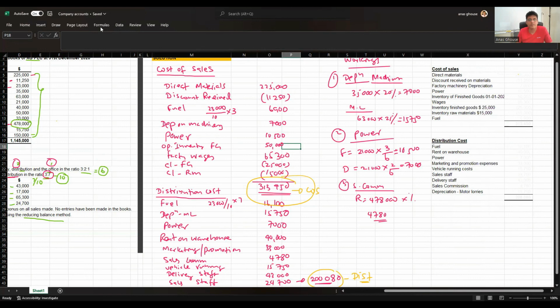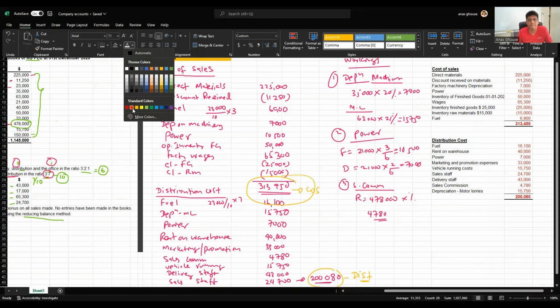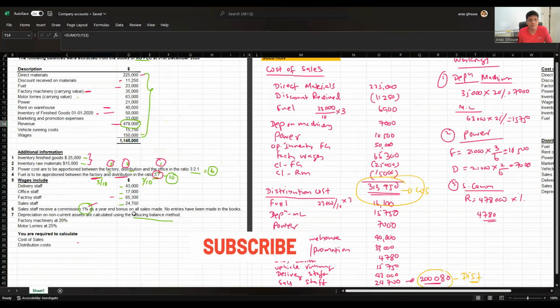Let me show you the numbers. Here 313,450 is for the cost of sales, and the distribution cost should be 200,080. So this is the answer for this particular question.